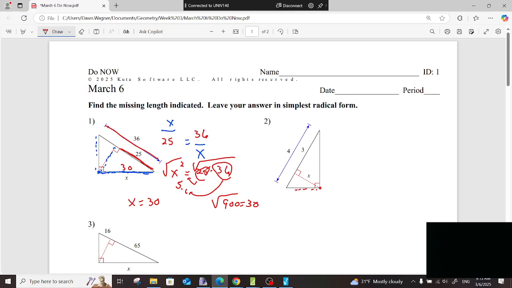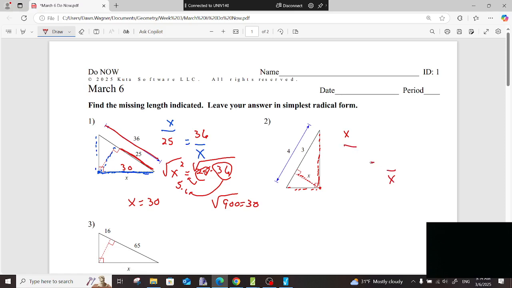Okay, so now I put my finger out here. I have three geometric means: the two outside legs, and the altitude or height. Which one am I concerned with? X is the geometric mean. So I'm going to see that up and I'm going to see that down.